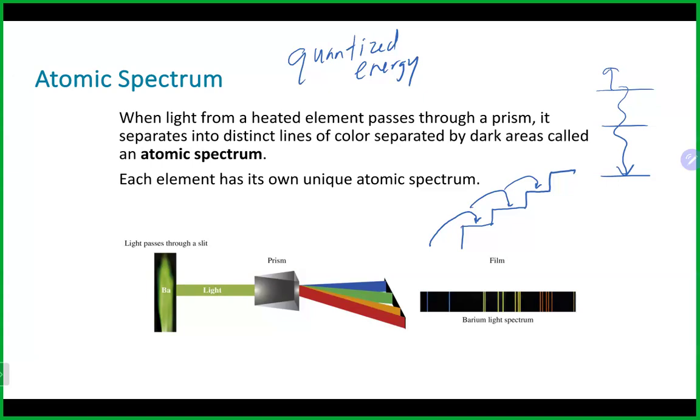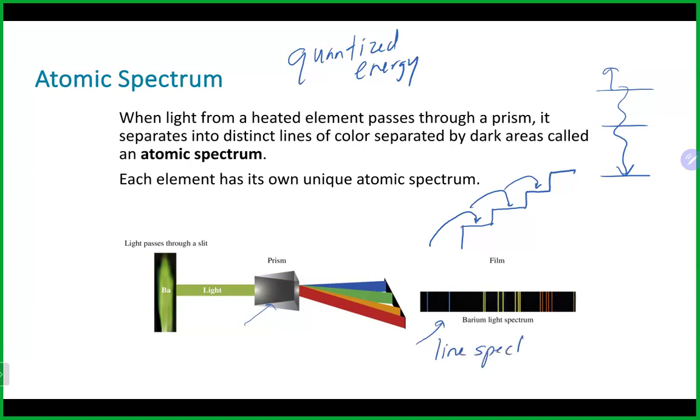And the result of that is if you look at something like an atom through an electron discharge tube, and you light up an element, a lamp of it, like a neon lamp or something like that, the electrical current is going to excite all the electrons in there. And if you look at it through a prism, it'll separate out the light, and what you will see is what is referred to as a line spectrum.